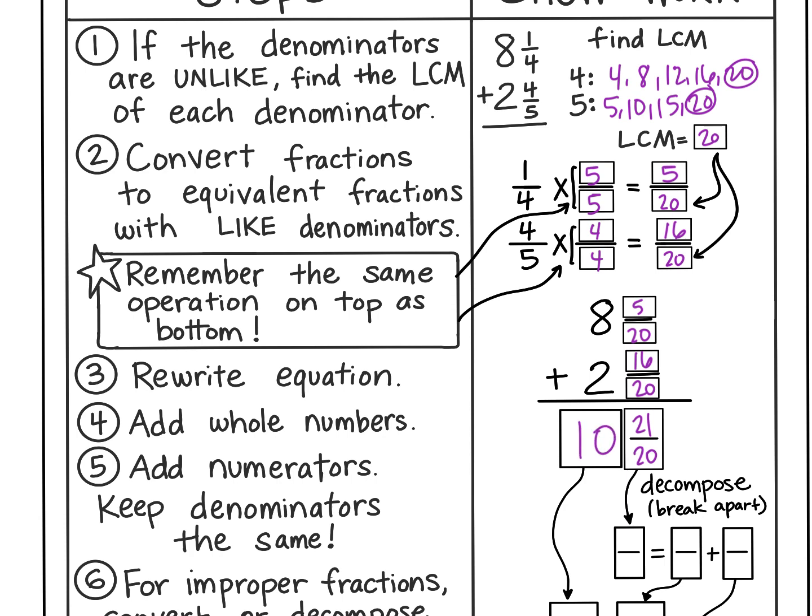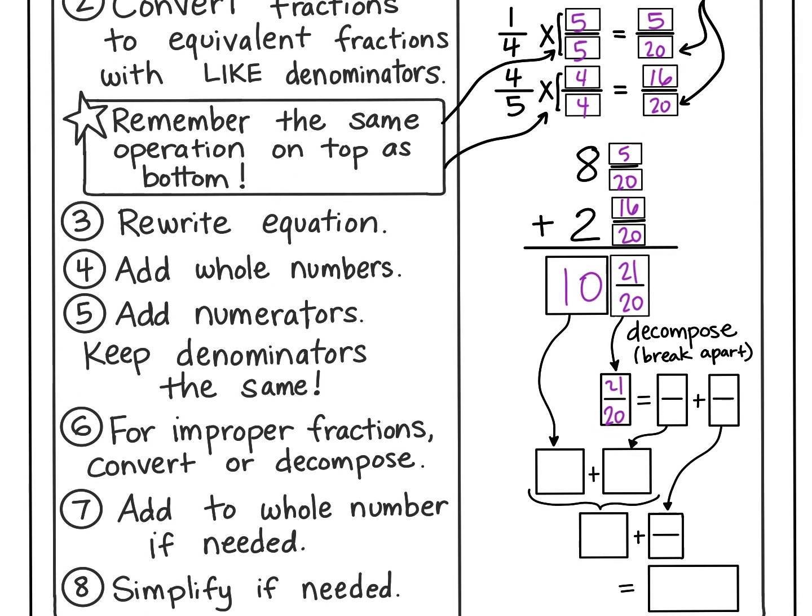Okay, well, I would be done, except for the fact that what is wrong with my fraction portion of the mixed number? My fraction is improper. So I've got to fix the fraction piece of that mixed number. So I'm going to bring this down here and I'm going to decompose it. I'm going to break it down. When I break it down, I'm changing it into a mixed number. So I'm going to pull out 20/20.